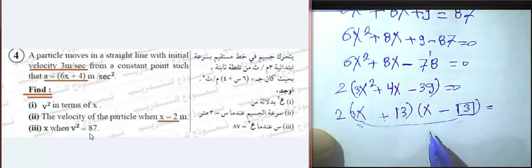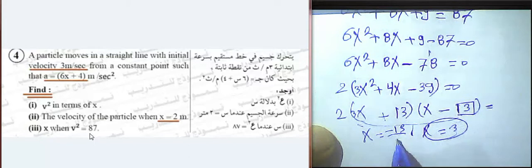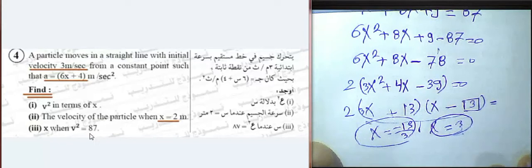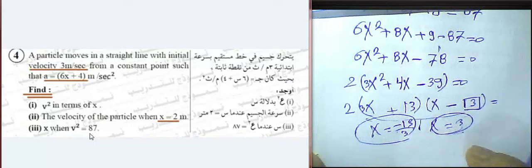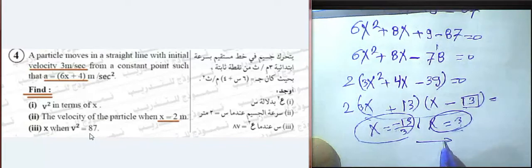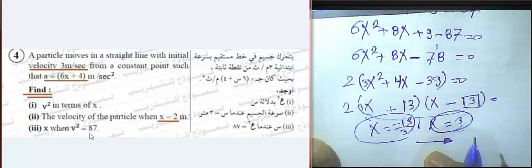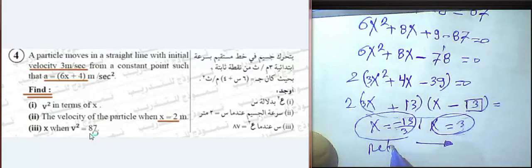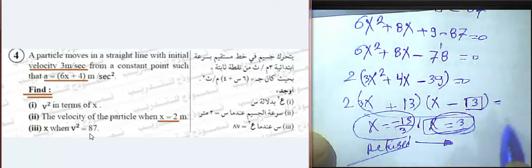Okay, then x equals 3 or x equals negative 13 over 3. Then x equals negative 13 over 3 is refused. Why? Because the body moves in one direction only, then it will be refused, but x will be 3. It is the solution.